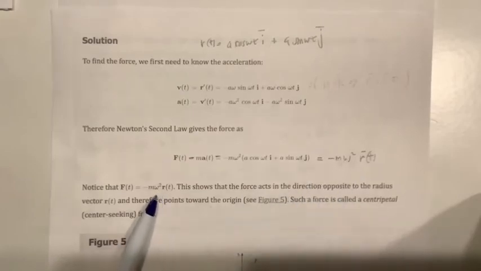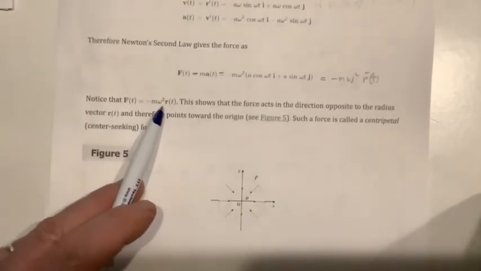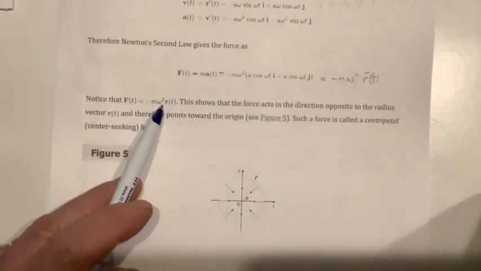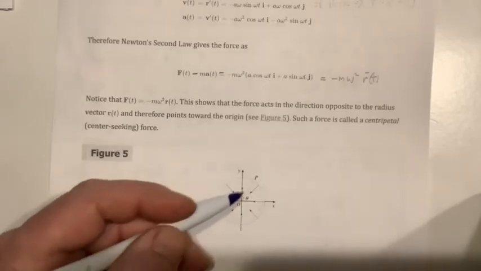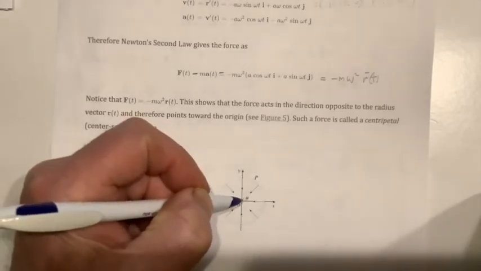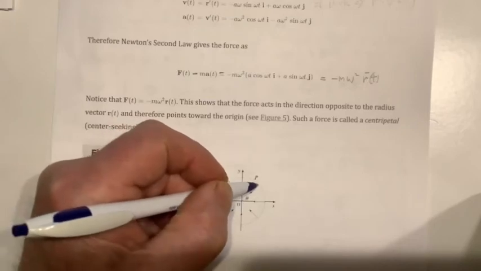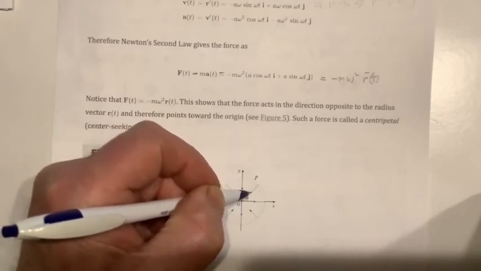So that shows that the force is opposite the direction. It's opposite the position vector. So for example, the position vector would be from here to here. The acceleration is going to be opposite that. Okay, that's interesting. It'll be pointed inward in the opposite direction of the position vector.